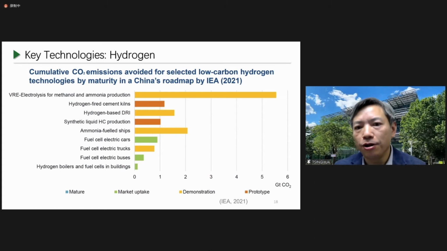But the use of electrolytic hydrogen in heavy industry process is at the demonstration stage. So in general, the transport and building utilization, now it's available in the market. But for the industry and especially for the heavy industry, it's still at a very early stage.